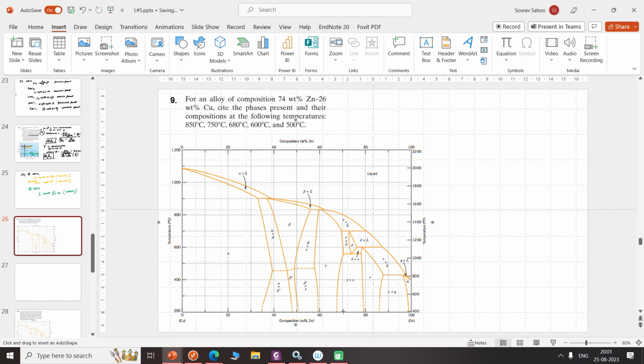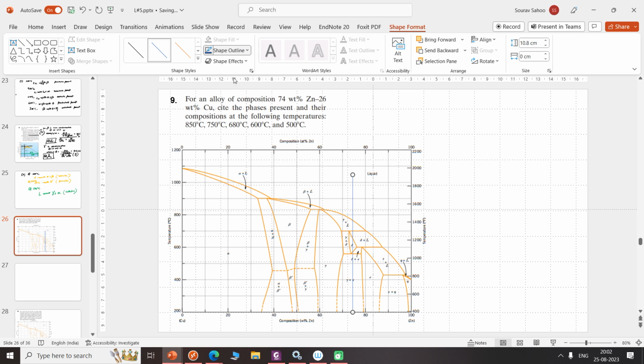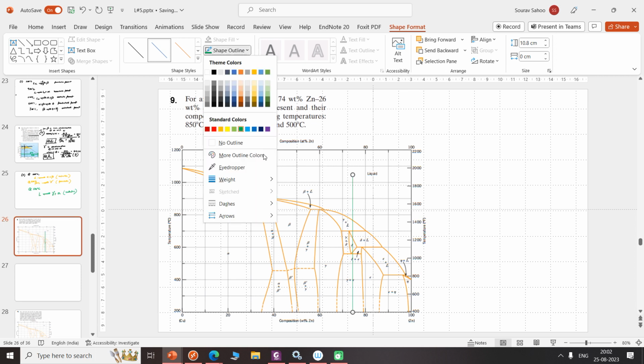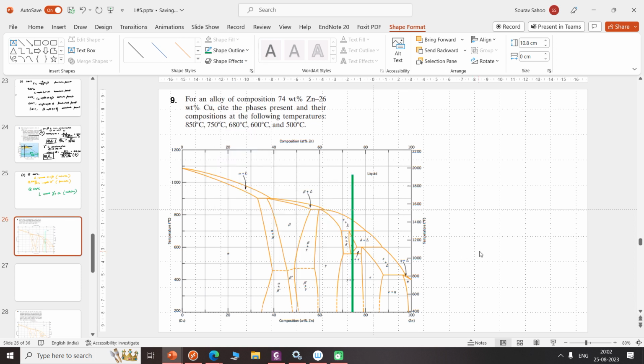So 74 is between 70 and so on. This is where we are.